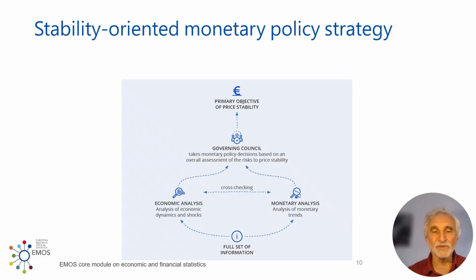Behind these two blocks, you have enormous amounts of data, which I will focus on in a minute. That's what we call the full set of information. That full set of information is put at the disposal of the decision makers, and on that basis they take the decisions either to leave interest rates unchanged or to raise or lower interest rates, depending on what the state of price stability is or what they expect it to be in the future.